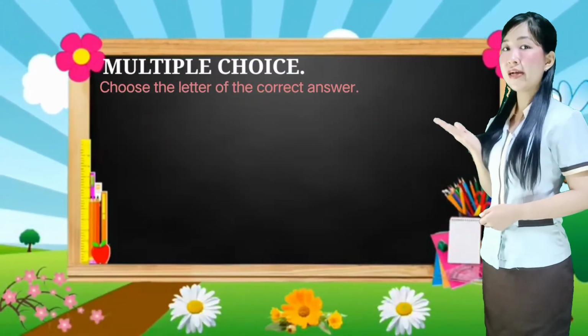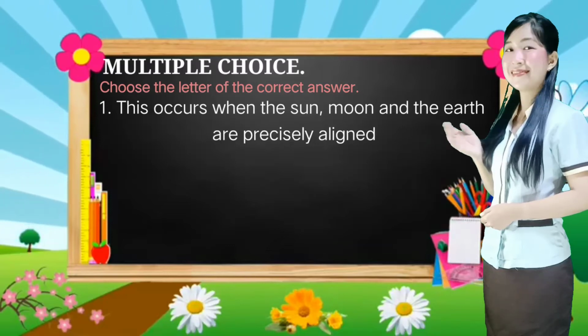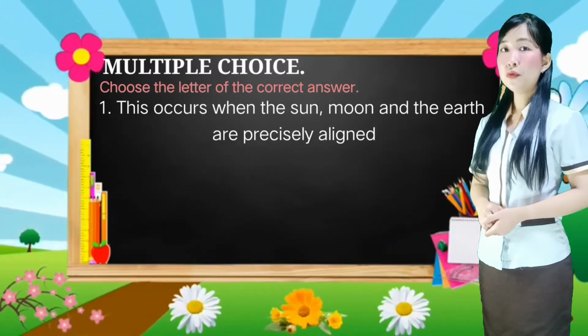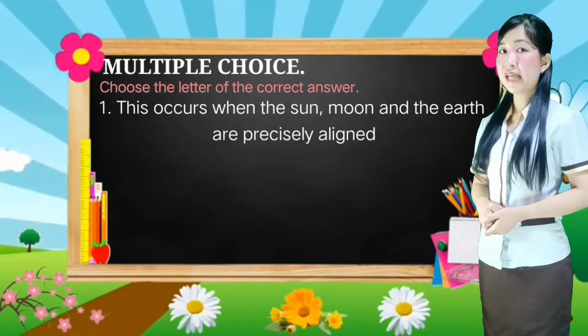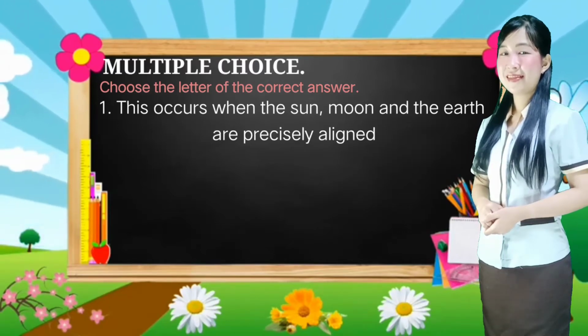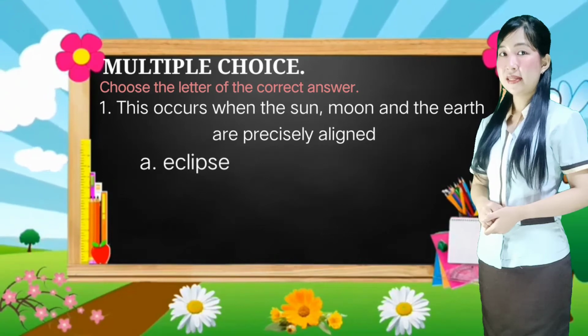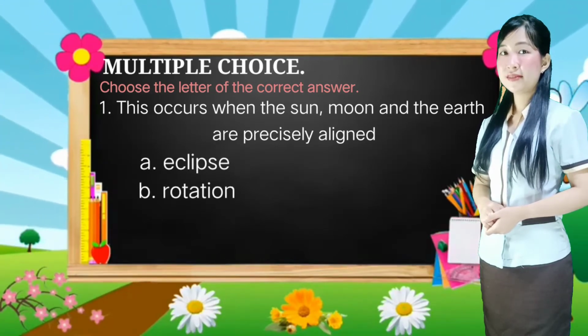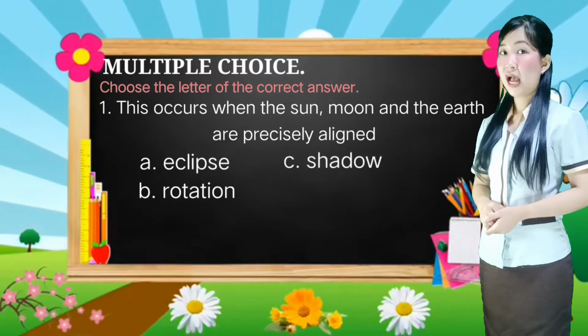Question number 1. This occurs when the sun, moon, and the earth are precisely aligned. Letter A, eclipse. B, rotation. C, shadow.